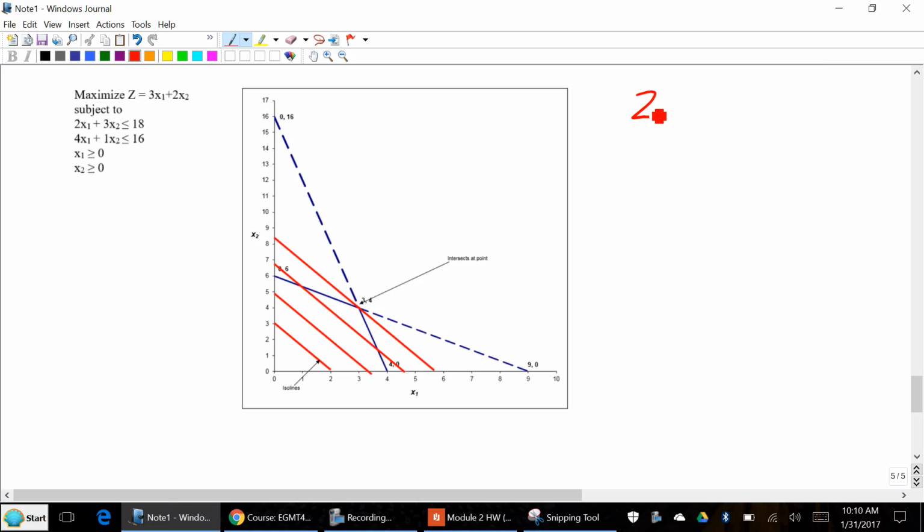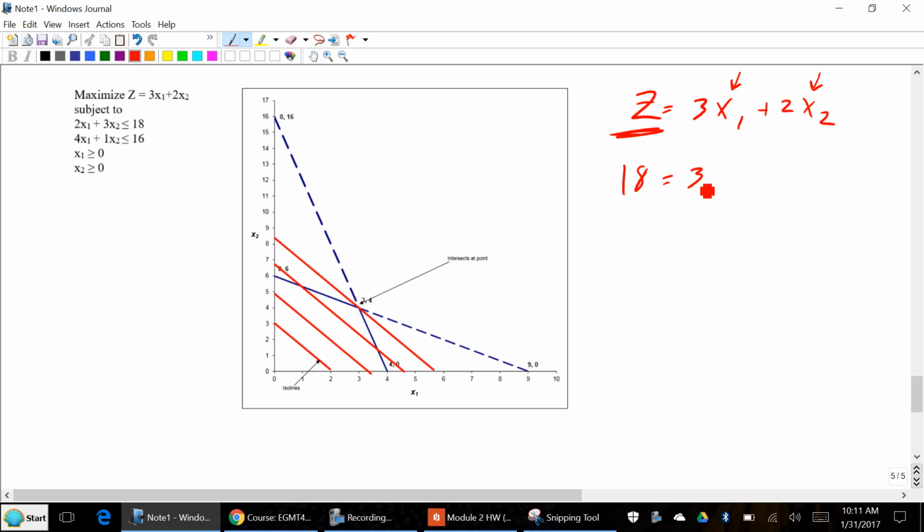Z is equal to 3x1 plus 2x2. Okay? So, depending on the values that I plug in for x1 and x2, does everyone agree that Z changes? Obviously it does. But let's suppose that I make Z a constant, and I say I want Z to be 18.